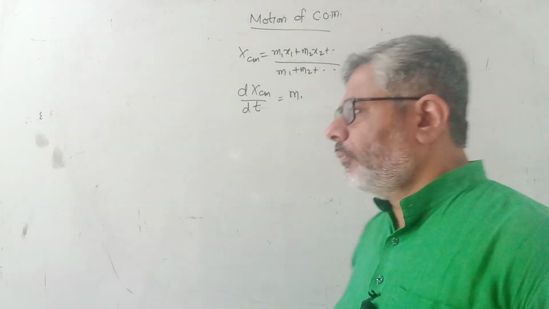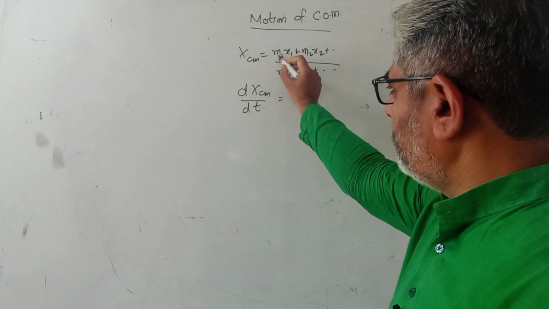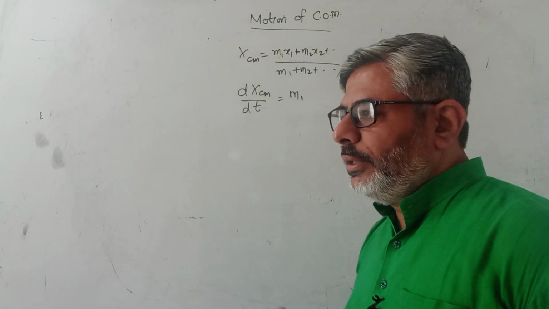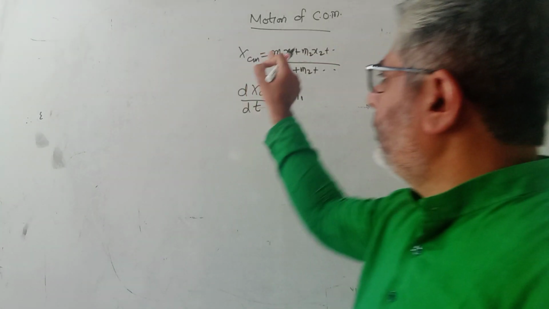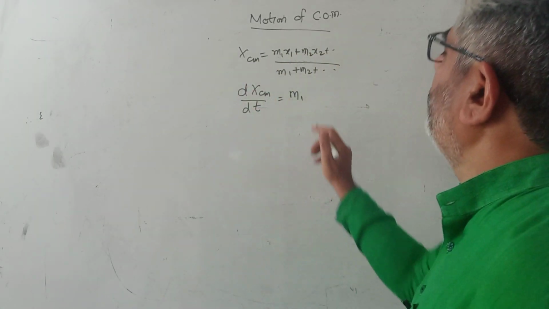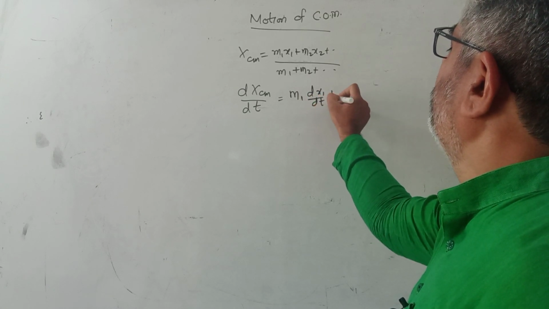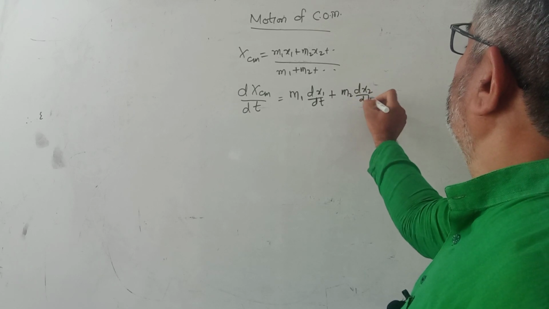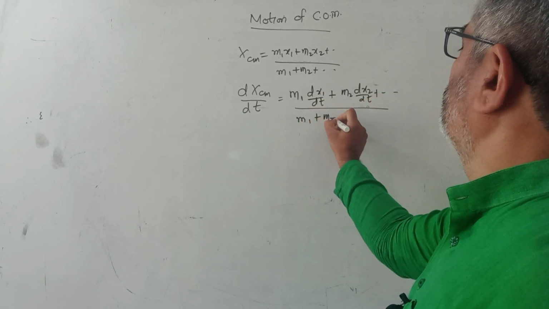Now when you differentiate the left side, you have to differentiate the right side. You only differentiate variables; these masses m1 m2 are constants. So in the first place, let us remember that when I said xcm, it is for point masses, m1 m2, a collection of so many point masses. So m1 into, देखिए what I am writing is dx1 by dt plus m2 into dx2 by dt plus so on upon m1 plus m2 plus so on.